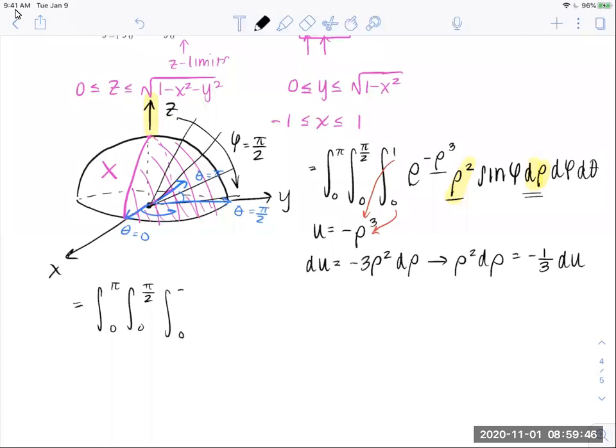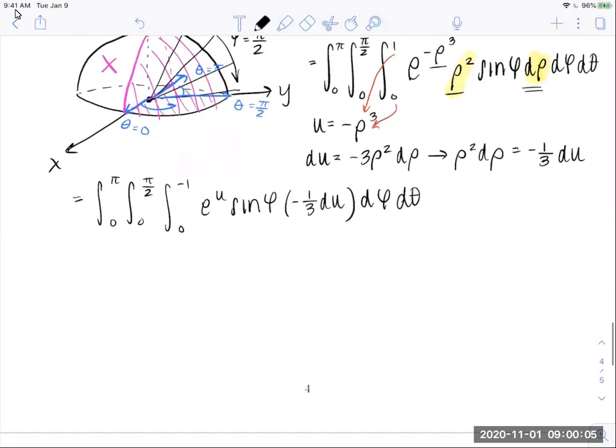So I'm not writing question marks here. I'm just changing my limits of integration. I end up with an e to the u sine phi times a negative 1/3 du, and then d phi d theta. So now I can integrate with respect to u.